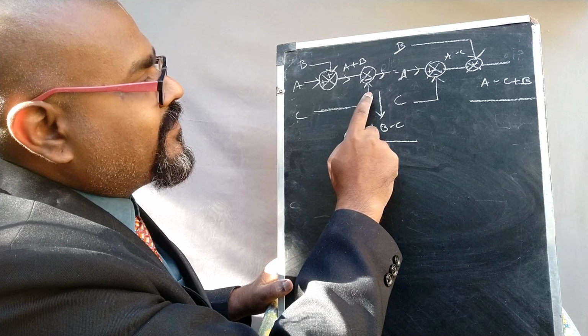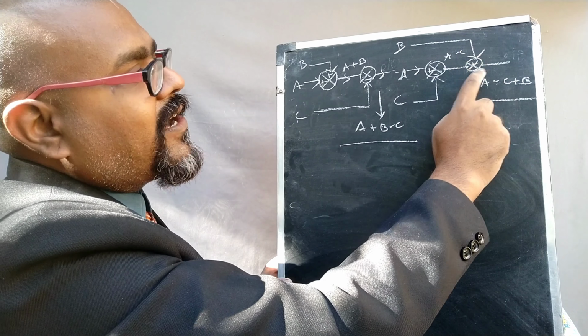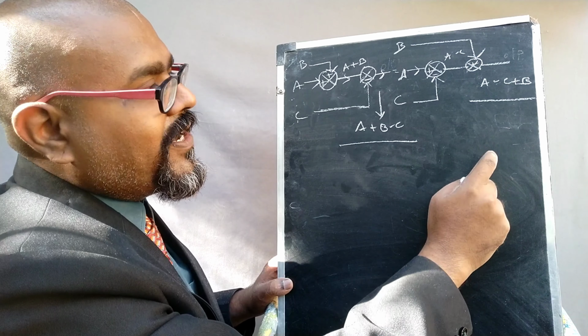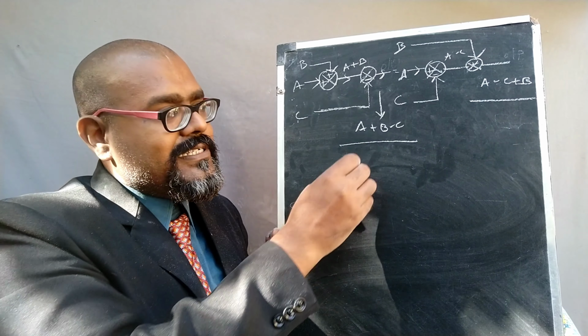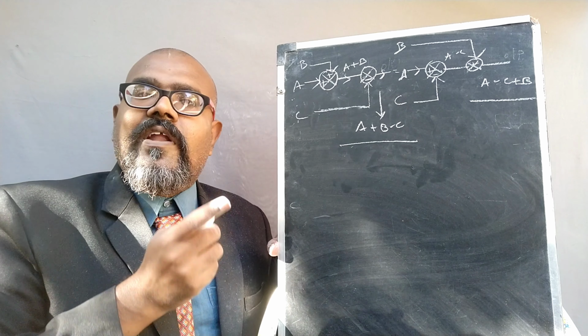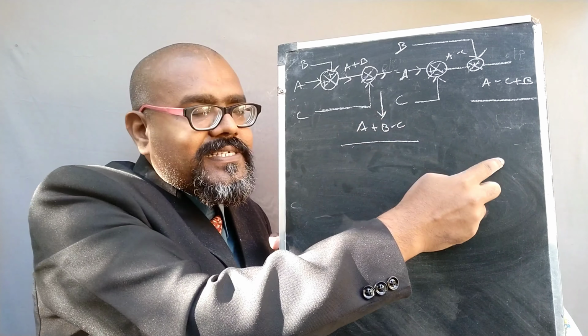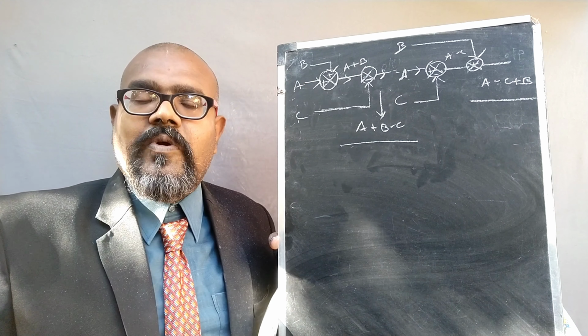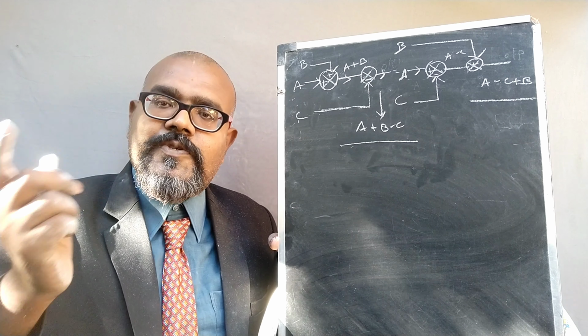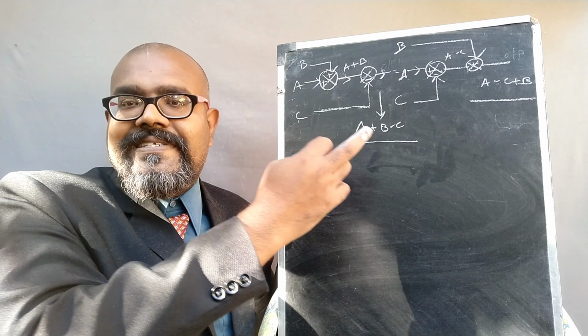Here, we need to shift this block here. So A minus C is the output of the first, and for the last output, adding B, we get A plus B minus C. So the same output is required. Especially in the summing point, because of not adding any G or reciprocating or multiplying, the summing point itself gets the same output, whether you are interchanging, splitting, or combining. The summing output is the same.